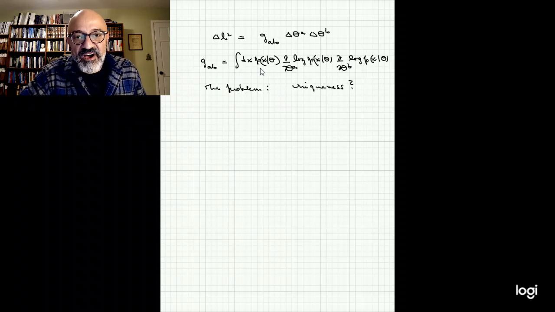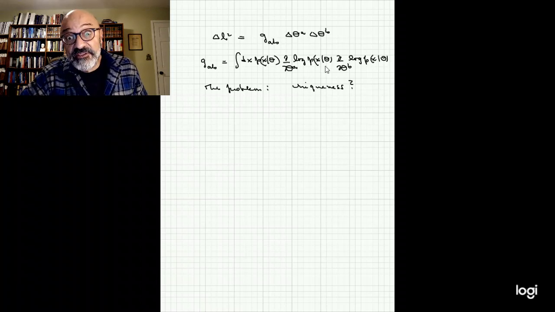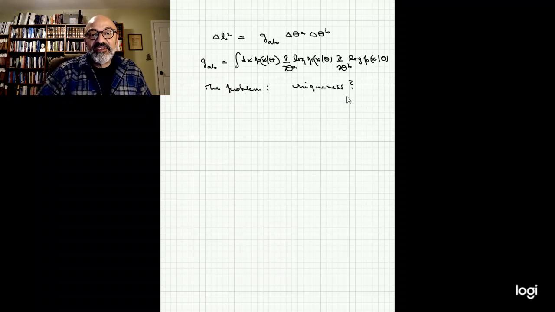Is this just arbitrary? Once you look at that formula, you say, this is awful. This can't be true. Well, it turns out that this formula is essentially unique. This is the only way you can do it. And so this derivation is flawed, or imperfect, in that it does not provide any hints as to why this is the unique formula for the metric tensor.